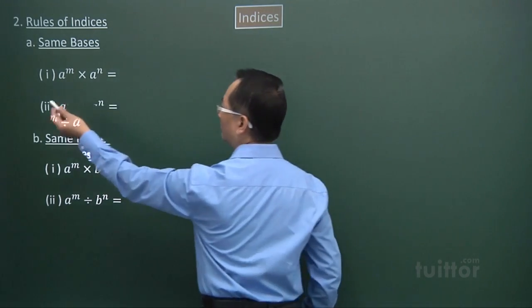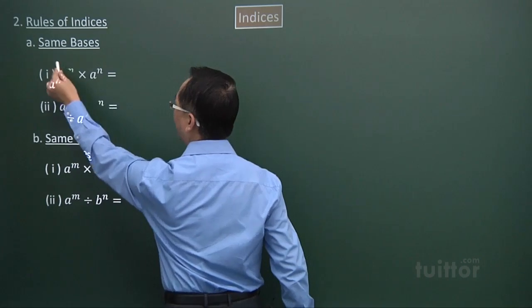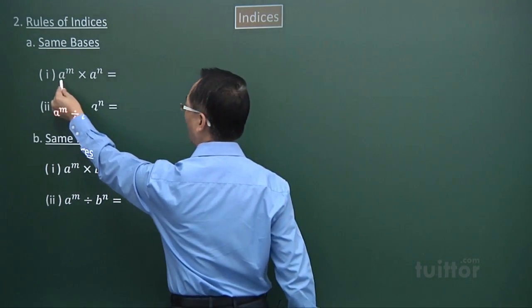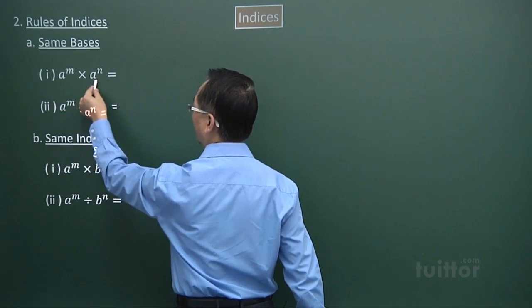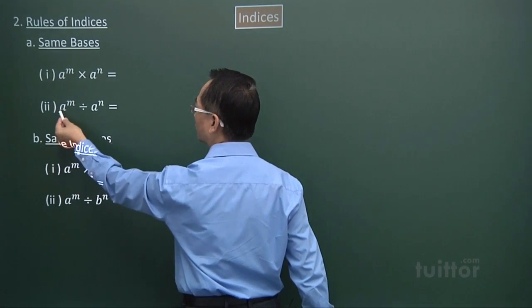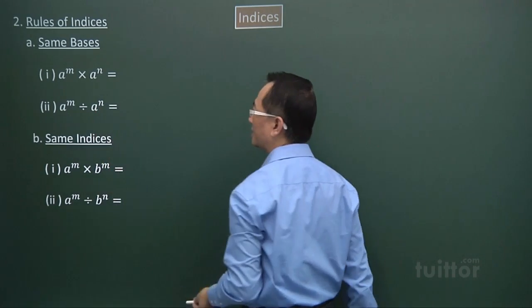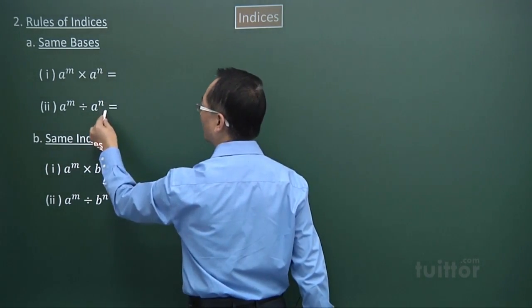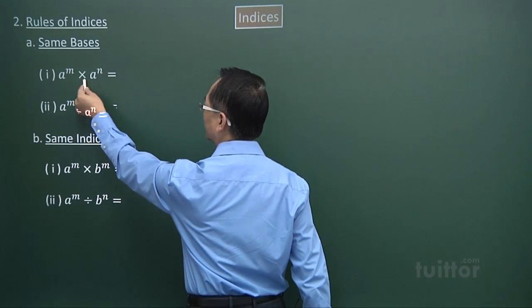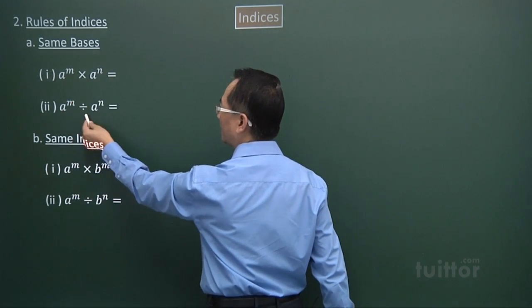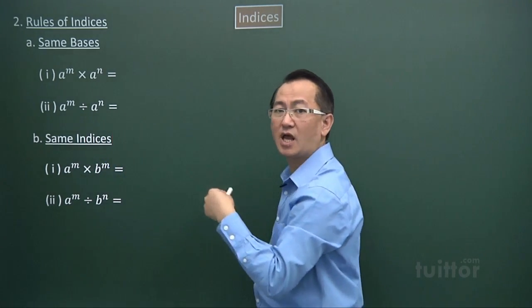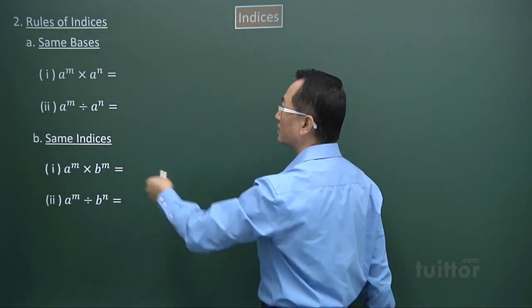So for point A, we have same bases. You can see part 1 and part 2, same bases. But these two parts involve, first of all, here multiplication, here division. So this is how we memorize all the rules.